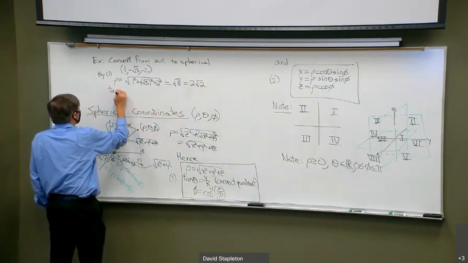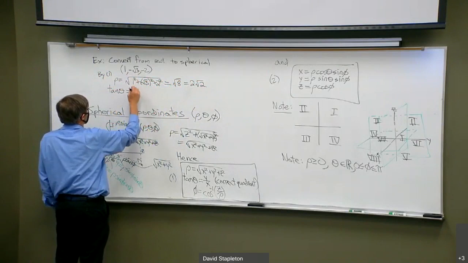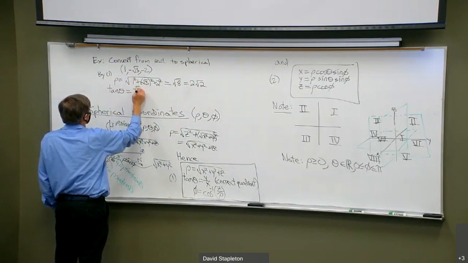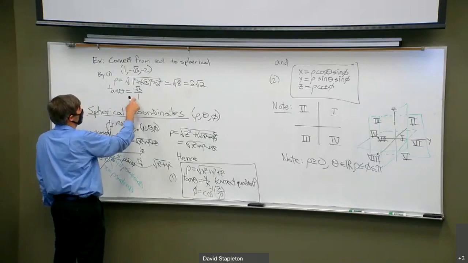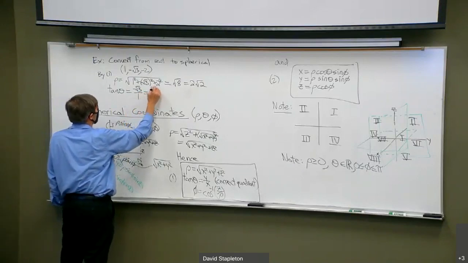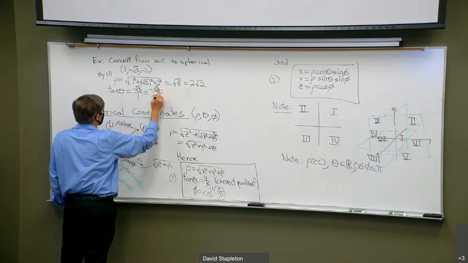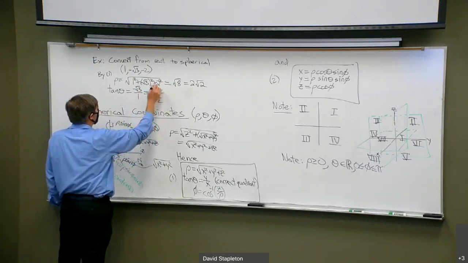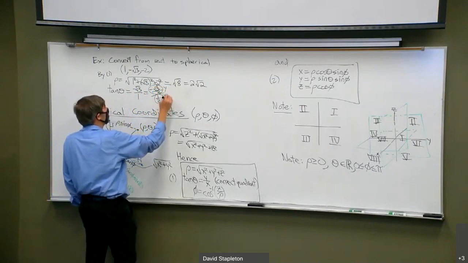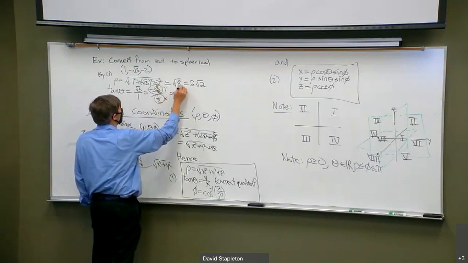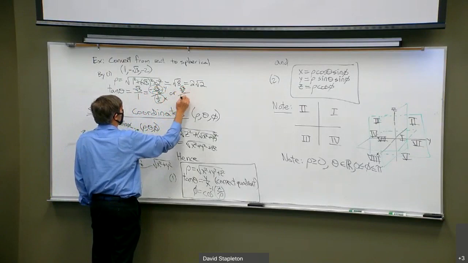Then tangent theta has to be y over x, just like before. It's minus square root 3 over 1 in the correct quadrant. How do I put this in the correct quadrant? I rewrite it as minus square root 3 over 2 over 1/2. And say this must be y and this must be x on the unit circle. Or you could put the top one positive and the bottom one negative.